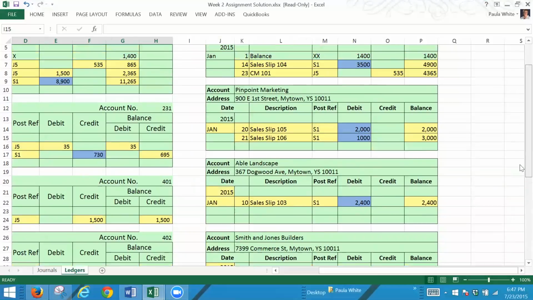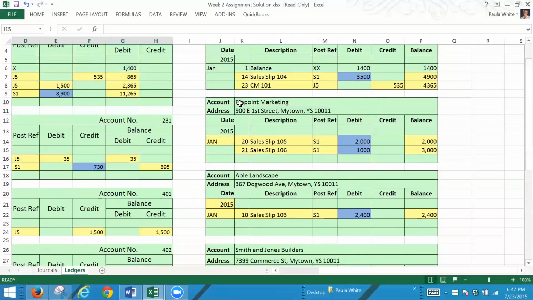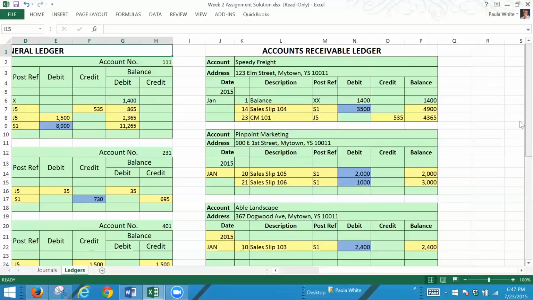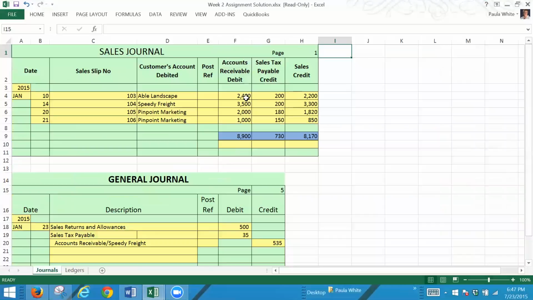And the remaining 3 numbers, here is Pinpoint Marketing, and they had $1,000 due to you and a $2,000 due. And here is Speedy Freight with $3,500. And that is the same numbers as $2,400, $3,500, $2,000, and $1,000.